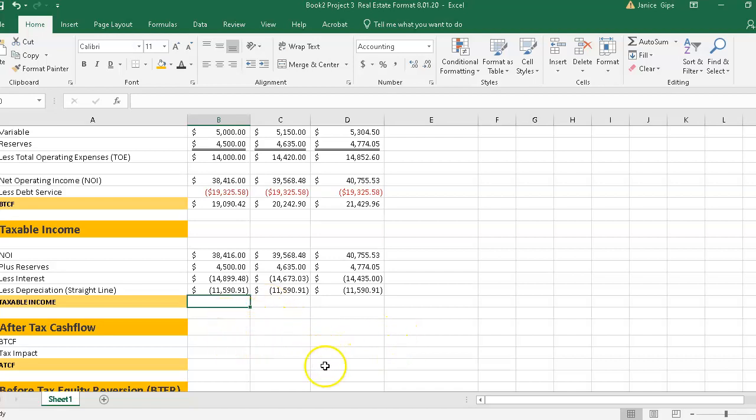That's less depreciation. So now we're going to calculate the total taxable income.